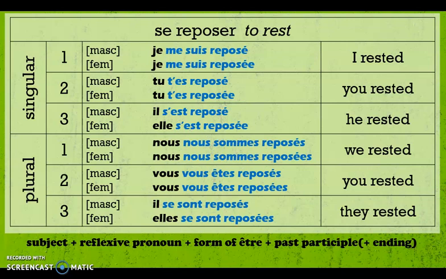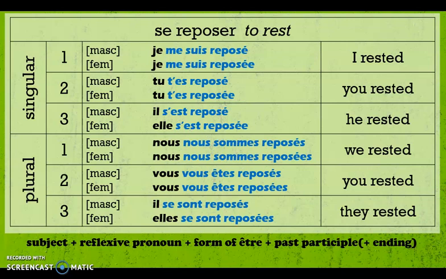All right? Nous nous sommes reposés, we rested. Nous nous sommes reposés with an ES ending on the past participle. Vous vous êtes reposés, and again, vous vous êtes reposés with the added endings. Ils se sont reposés, and elles se sont reposées, with, of course, the appropriate endings on the past participle.